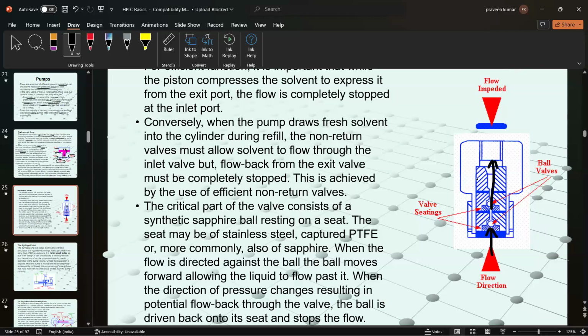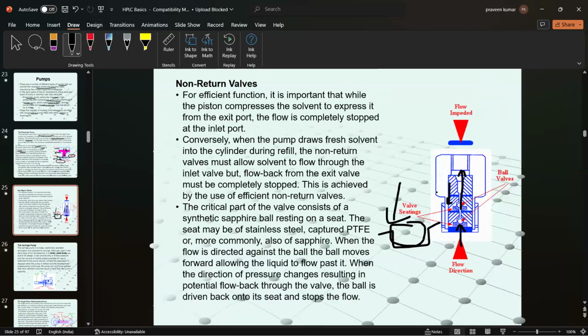But when the mobile phase tries to come back, the balls get seated on their seat, by which they prevent the multidirectional flow of the mobile phase. They only allow unidirectional flow.